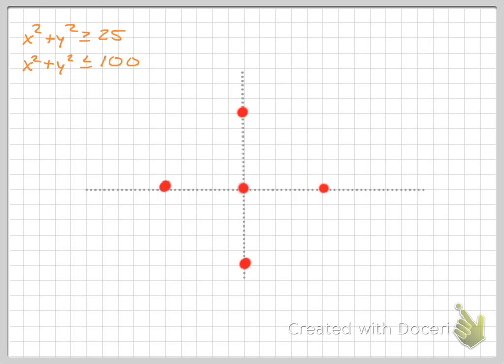Is the circle solid or dotted? Solid. You can test the center, 0, 0, because the center is not on the circle. If the 0, 0 was actually touching the circle, you couldn't test it. You'd have to test something else.